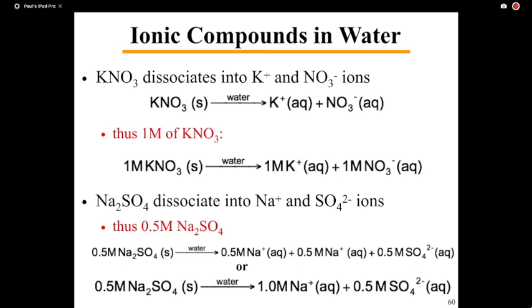You can rewrite that and say you have 1 mole of sodium floating around and 1/2 a mole of sulfate because it dissociates into twice as much sodium. Okay? And so this is an important concept. It will turn into a question on the exam about how these will dissociate and how many moles of things are roaming around.